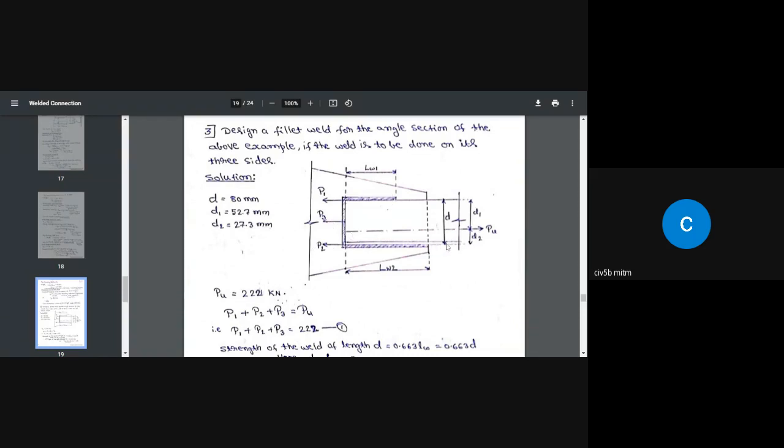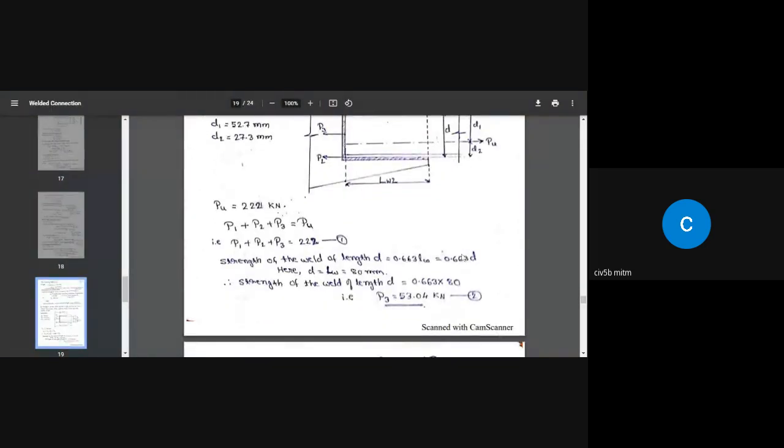So we have 2 equations, 3 unknowns. Definitely we cannot solve the problem. So at least one unknown out of these 3 should be known. Then the number of unknowns will get reduced to 2, and then we can solve the problem.